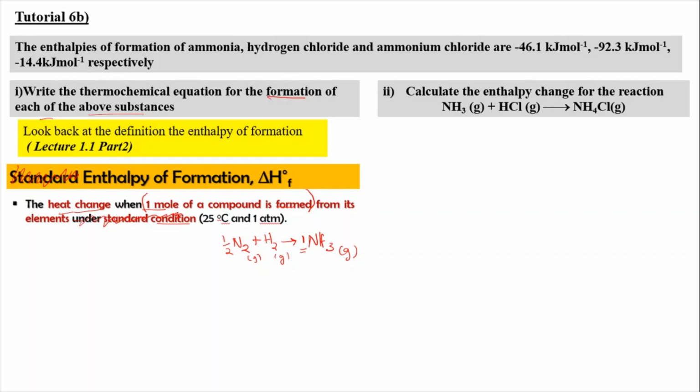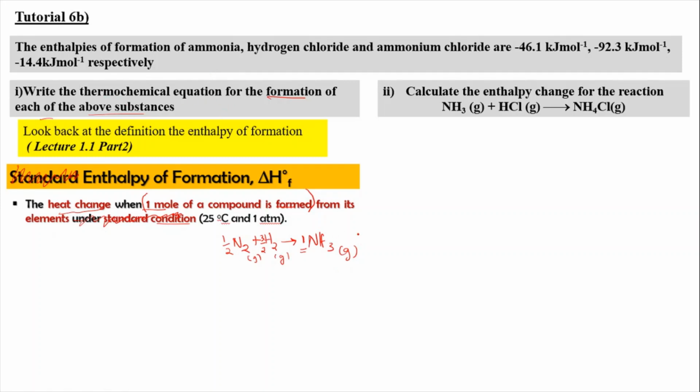And for hydrogen, it needs 3, but here got 2. So you can write 3/2. Okay? And this will be aligned to the enthalpy of the formation definition for ammonia. And then it asks us to write the thermochemical equation.